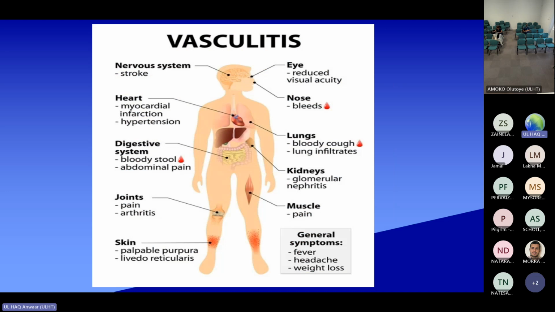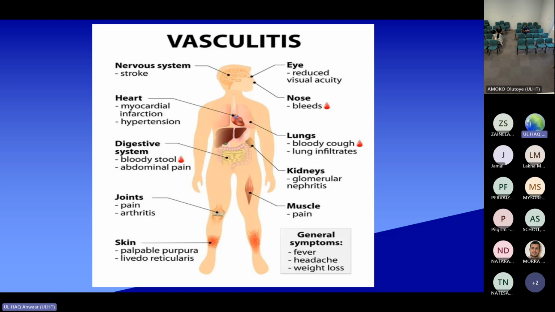So these are the symptoms when we see the patient in our clinic. We usually go through the systems one by one. I preferably go through the skin first because this is the most obvious organ that you can see in the patient. You can ask the patient if they have any palpable purpura or livedo reticularis, and then you can go with the joint pains: ask if they are suffering with joint pain, joint stiffness, inflammation, or joint swellings.